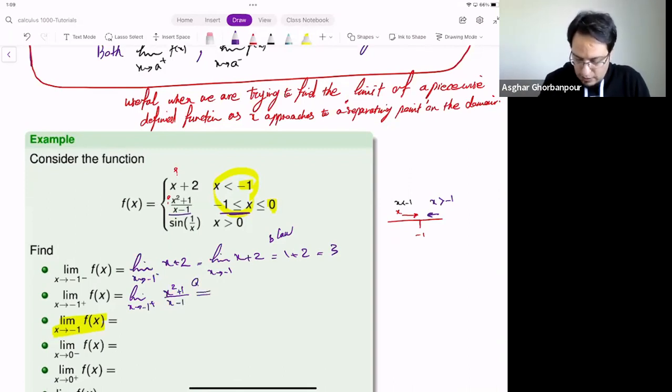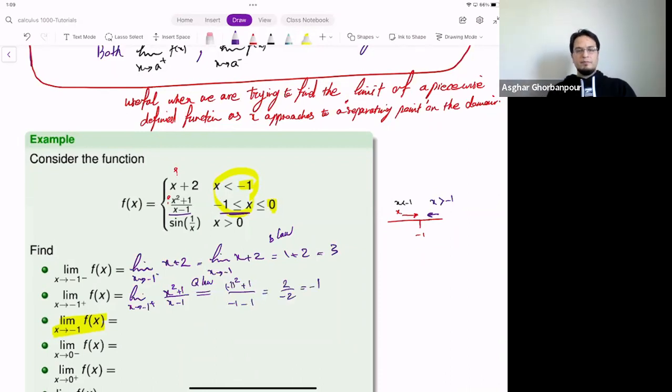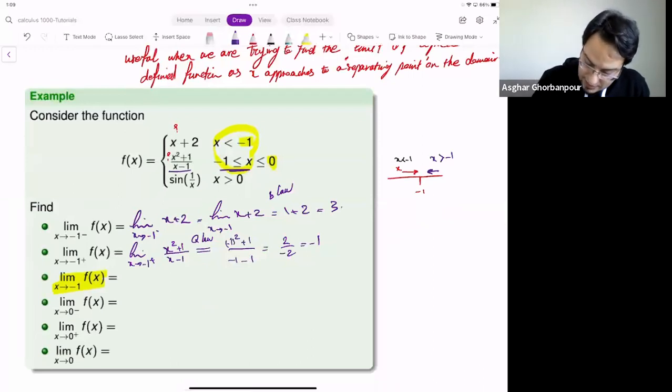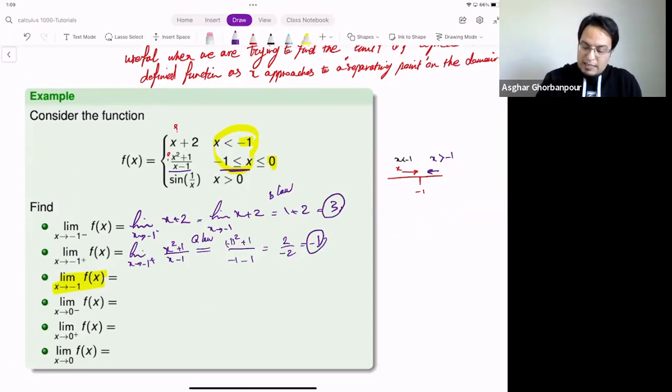By the quotient law, this will be just -1 squared plus 1 over -1 minus 1. That will be 2 over -2, which is negative 1. Very nice. We found the right limit and the left limit as x approaches -1. These are not equal. That will simply mean that the limit as x approaches -1 does not exist.